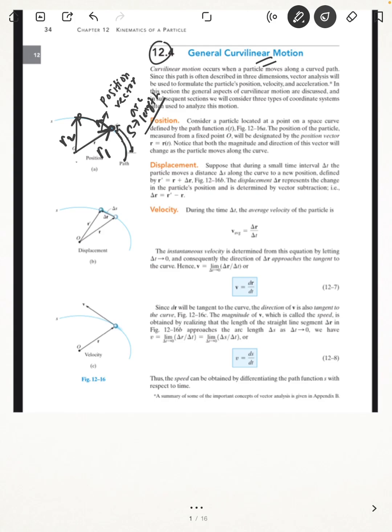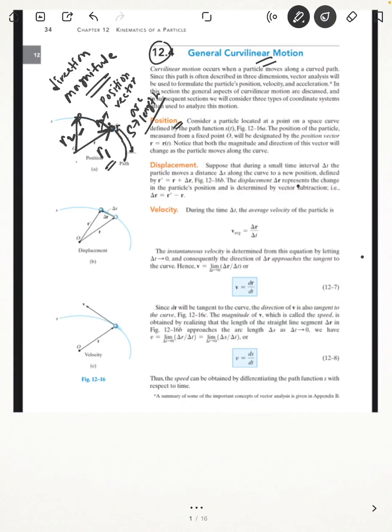See, the direction and the magnitude of R2 both change as the particle moves along this path. So we can determine the position of a particle by this position vector.